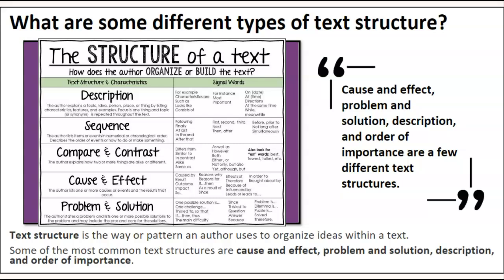Oh yeah, I know I've seen that before. So some text structures would be description, sequence, compare, contrast, cause and effect, and problem solution. And those are right here. Okay, and then over here we have a list of signal words. Okay, so this is how these ideas are organized in a text.